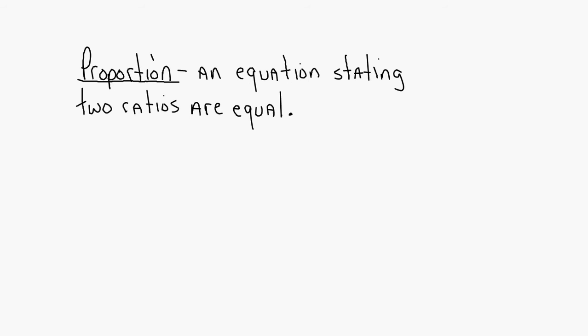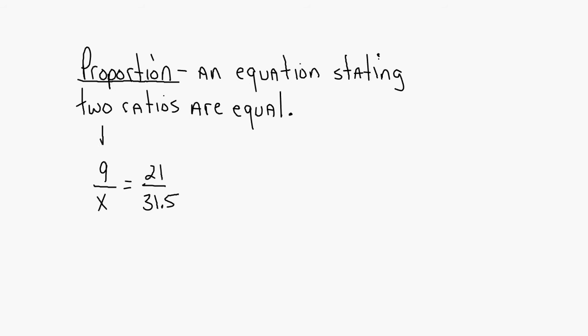An equation stating 2 ratios are equal. So the proportion, or the ratio, 9 over x equals 21 over 31.5.